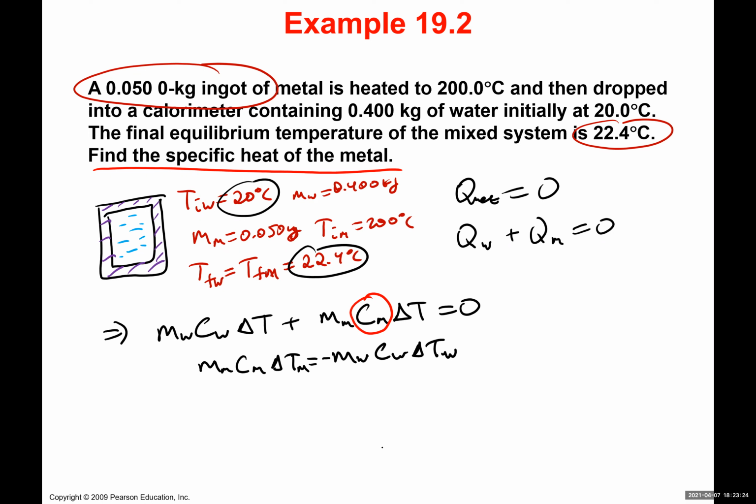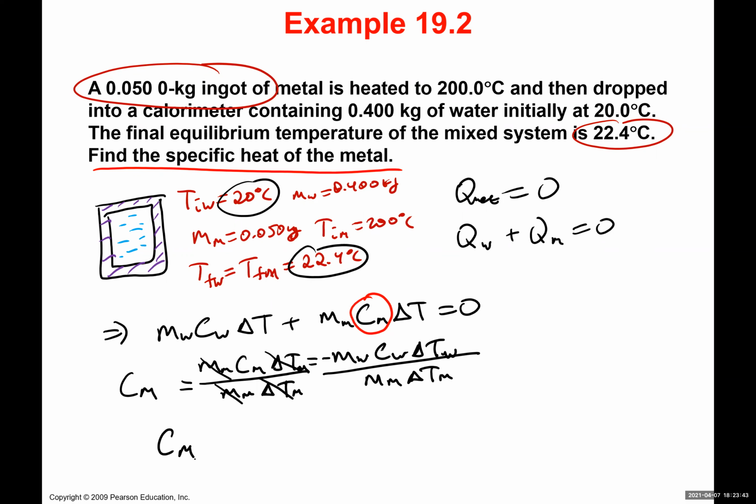Obviously, you can just divide both sides by the mass of the metal and the change in temperature of the metal. If I do that, this cancels out, and then that allows me to calculate the specific heat of the metal.